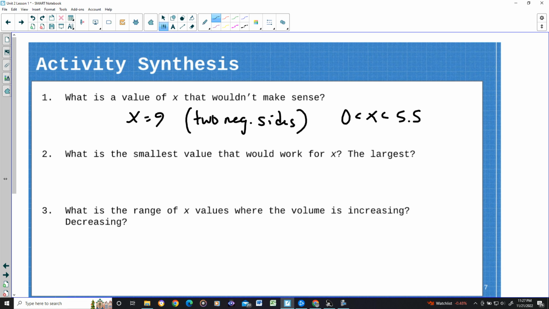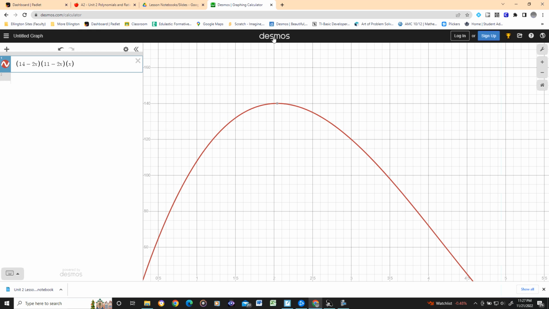So this fits into that. What is the range of x values where the volume is increasing, decreasing? Well, that comes from the point that we created. The volume increases up until we get to 2.039, and then the volume decreases after that point.